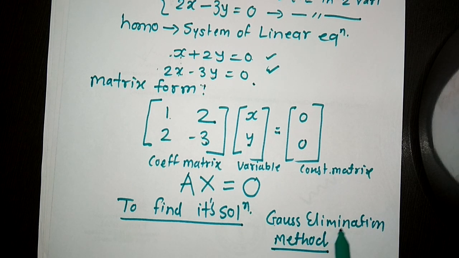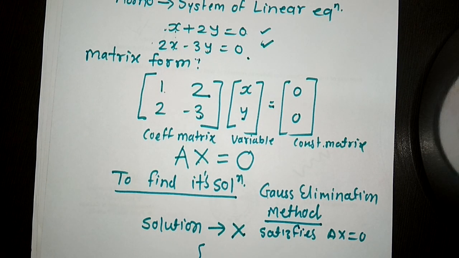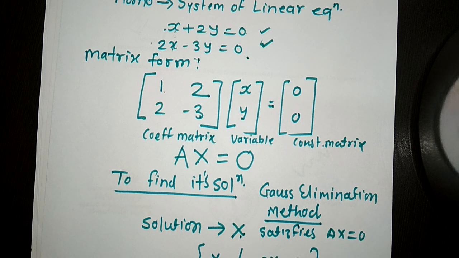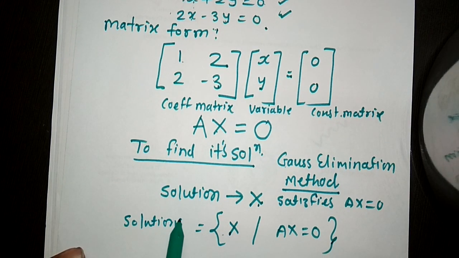Once we apply the Gauss elimination method, we get the solution, and the solution is nothing but the value of X, and that X satisfies AX equal to 0. If we write all the solutions in a set, such that AX equal to 0, then such a set is called the solution set of a homogeneous system.